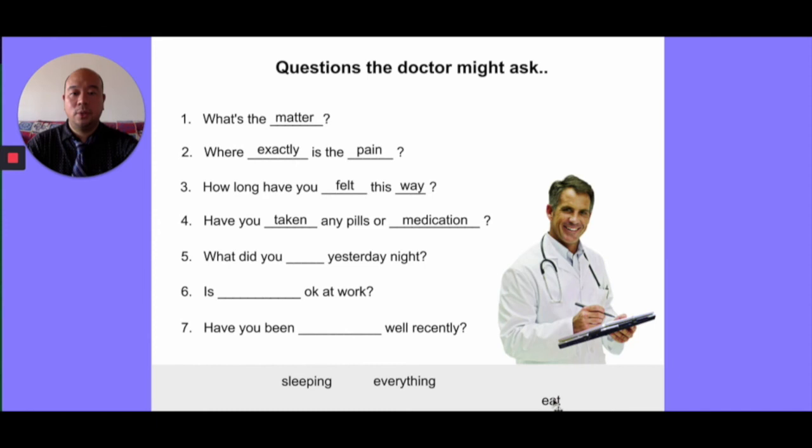What did you eat yesterday night? Is everything okay at work? Have you been sleeping well recently? Okay. So these are some quite common questions that the doctor might ask you to try and determine exactly what the cause of the problem you have is.